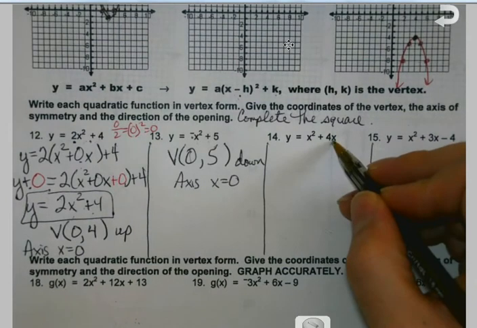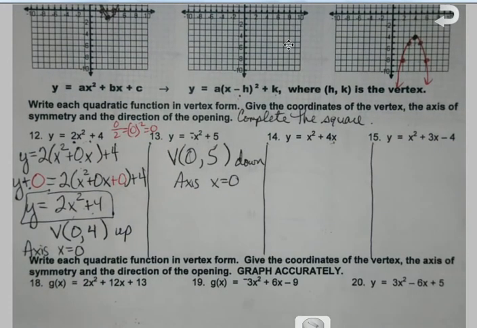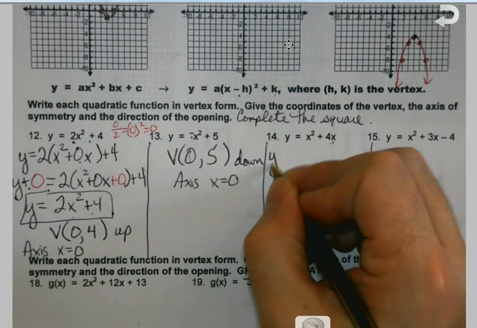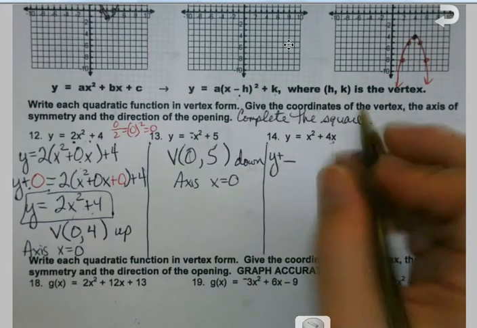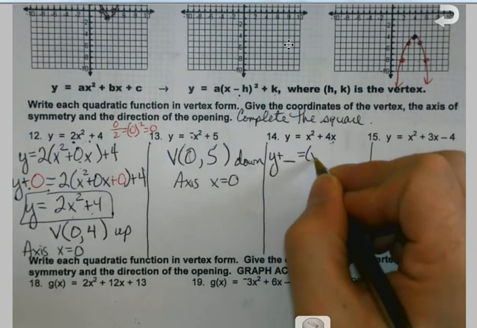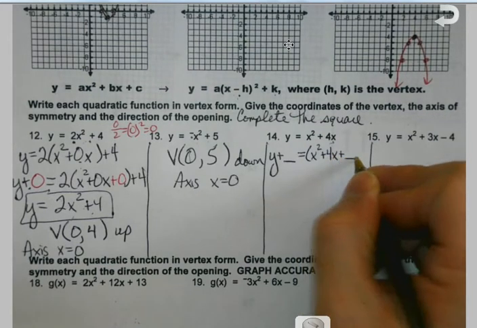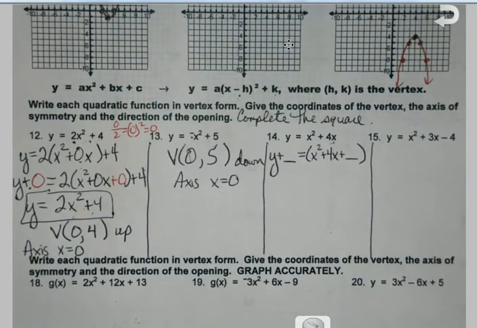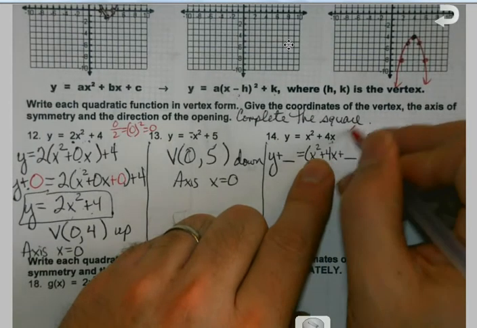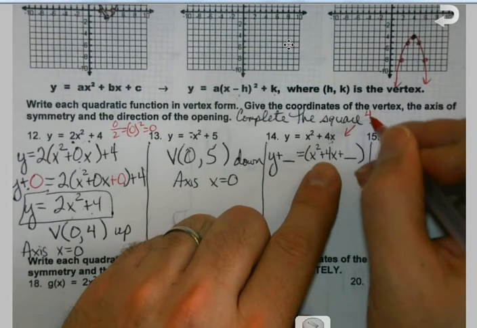Because now I do have an x value. So remember, when we're doing these, I'm going to put the blanks in here. I'm going to isolate my x terms. And I'm going to do my b divided by 2 squared to get that blank value. So just like we have before, my b value is 4.